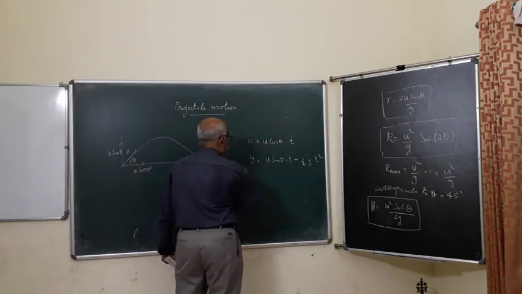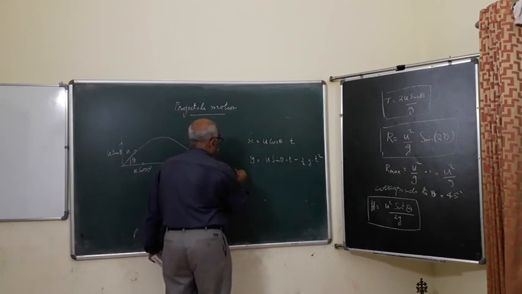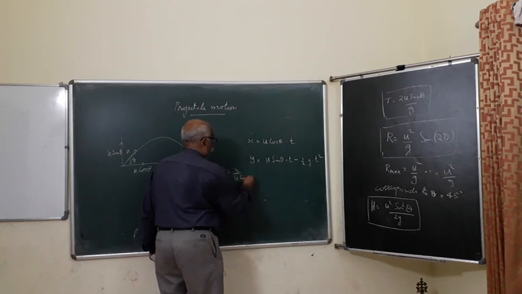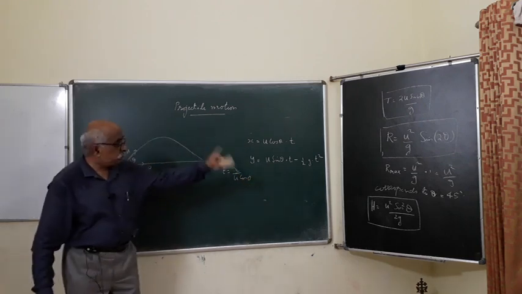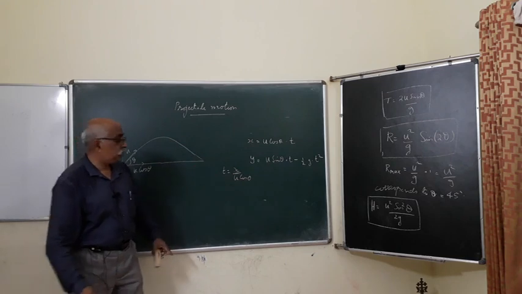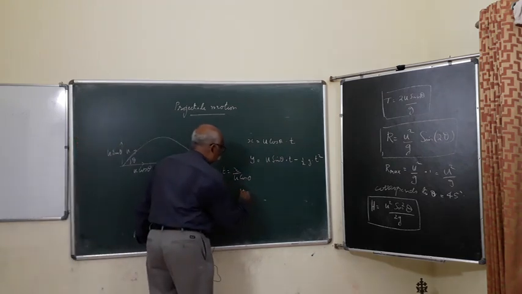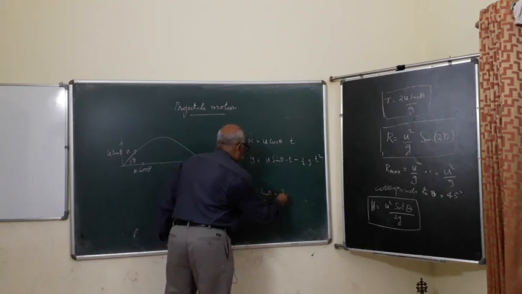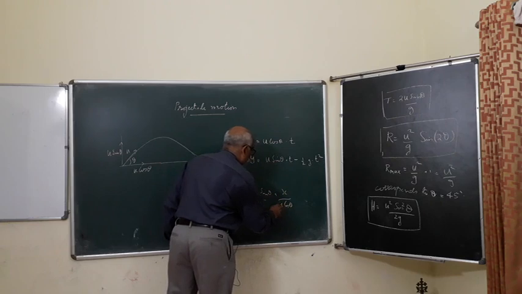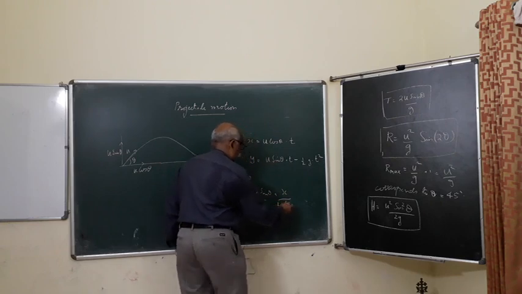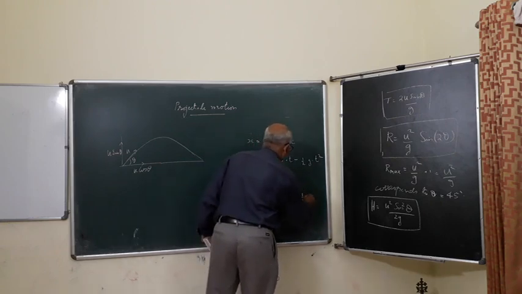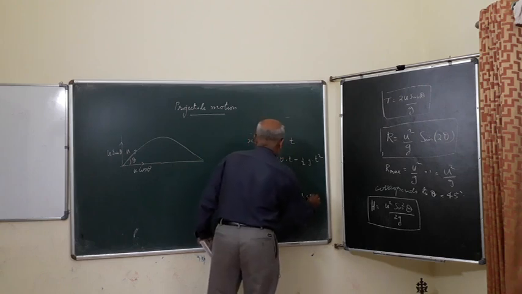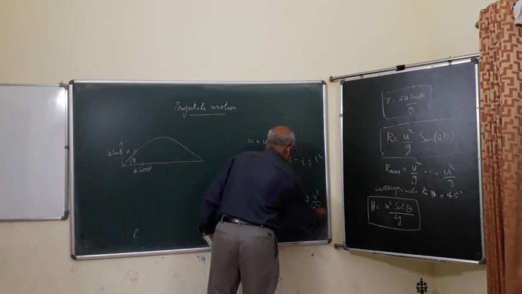We can eliminate t from these two equations and find a relationship between y and x. From the first equation, t is equal to x divided by u cos theta. Let us substitute that t in the second equation. We get y is equal to u sin theta multiplied by x divided by u cos theta minus half g x square over u square cos square theta.